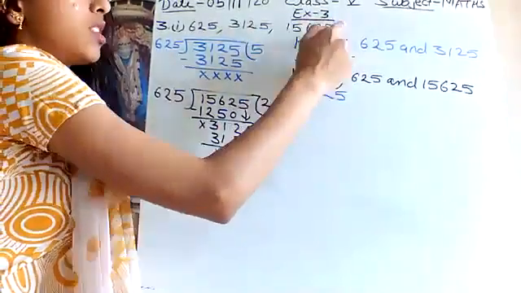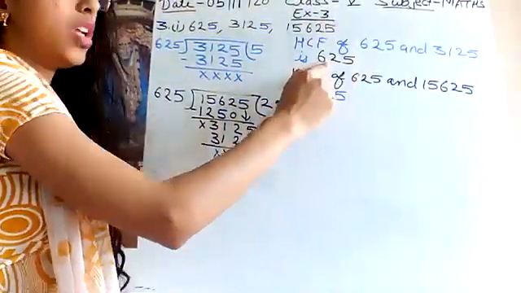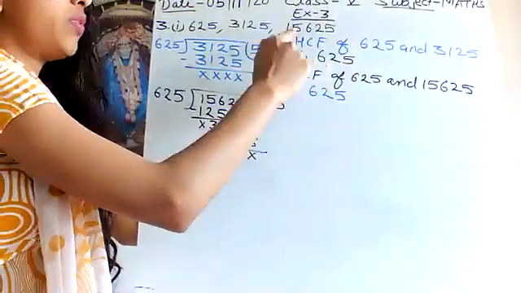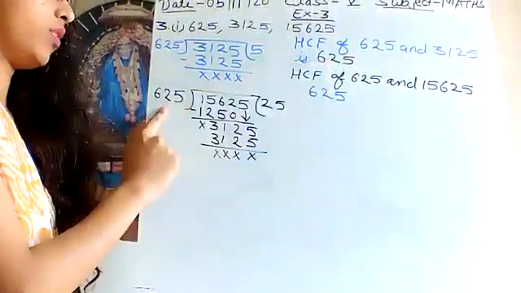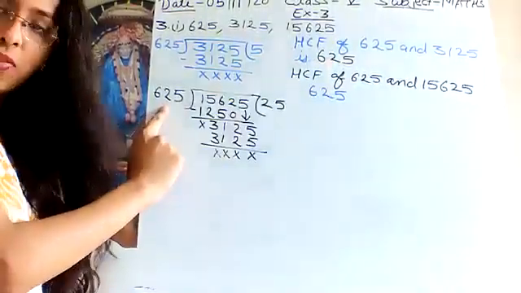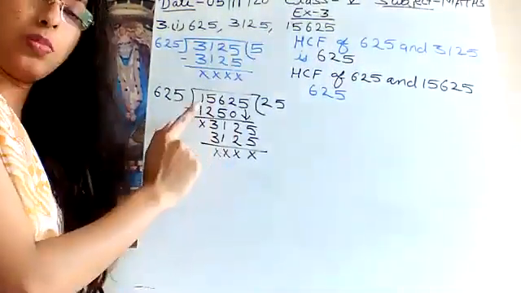So we will consider this third number and the HCF. Now we will find the HCF of 625 and this number. Okay. So again 625 is the smaller, so it will become the divisor and 15,625 will become the dividend.